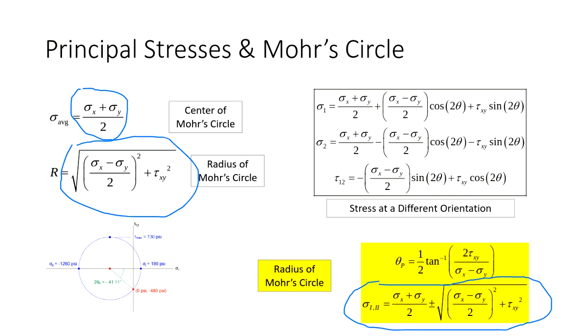Because there's your average stress in the middle of the circle, and then you've got your radius. So your average plus your radius gives you one, your average minus your radius gives you another. It's that simple. So even then, the formulas aren't that complicated. So pretty straightforward.